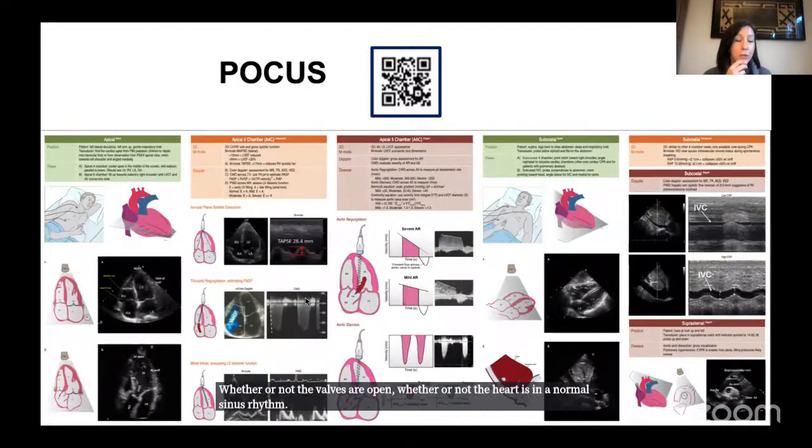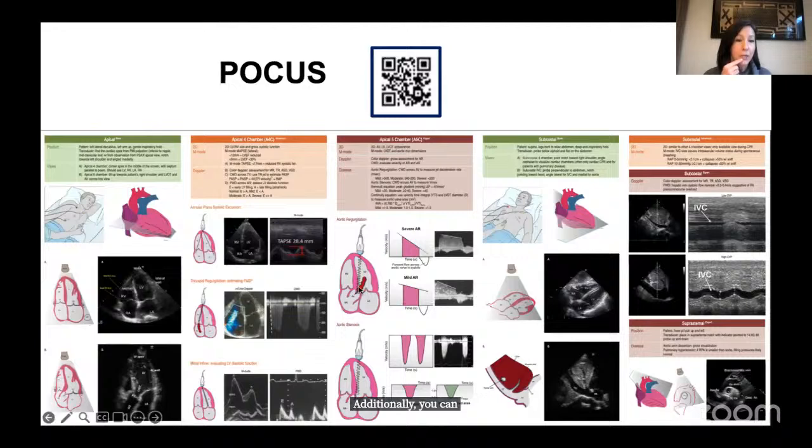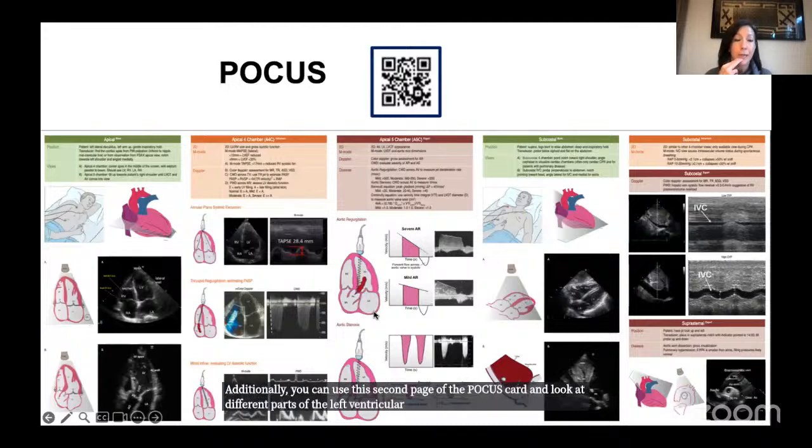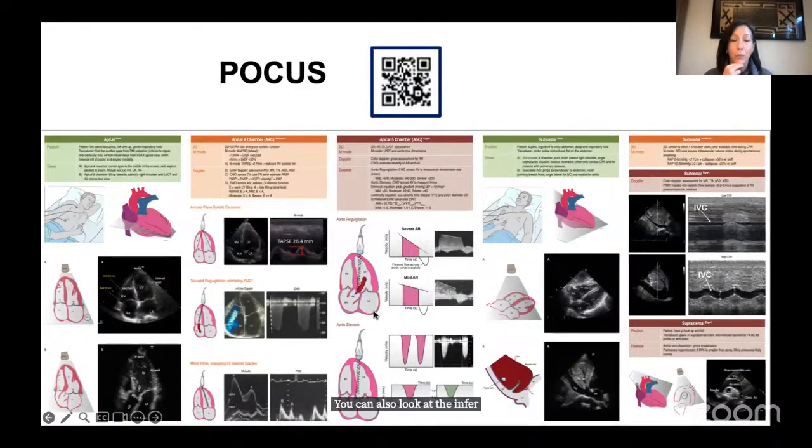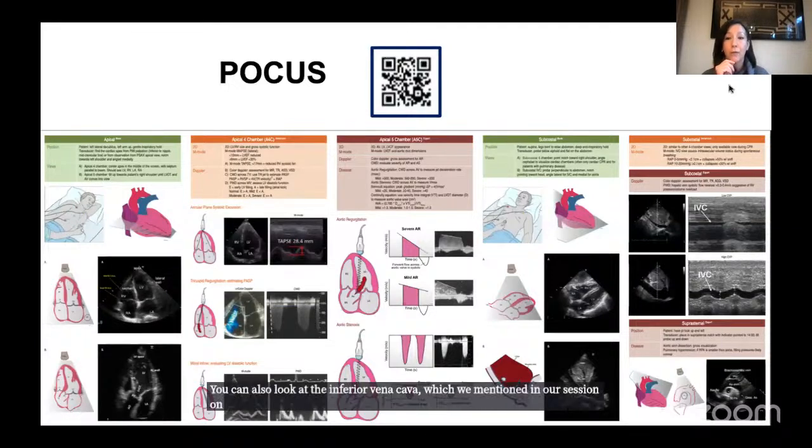Additionally, you can use this second page of the POCUS card and look at different parts of the left ventricular outflow tract and determine cardiac output. You can also look at the inferior vena cava, which we mentioned in our session on hypovolemic shock. So you can use the IVC to help you do a volume assessment.